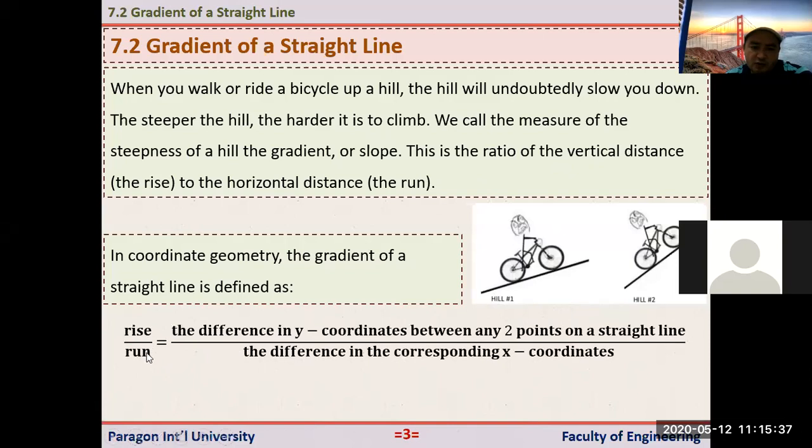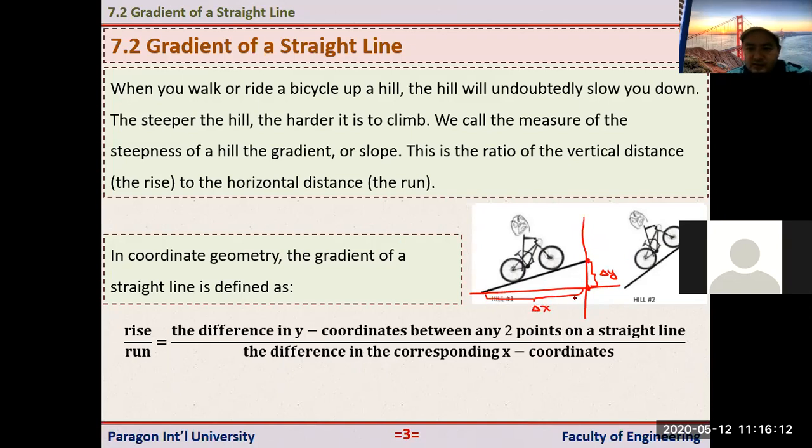So here, rise over run: the difference in y coordinates between any 2 points, and the difference in the corresponding x coordinates. If I draw one horizontal line and one vertical line, the vertical difference is delta y, and the horizontal difference is delta x.